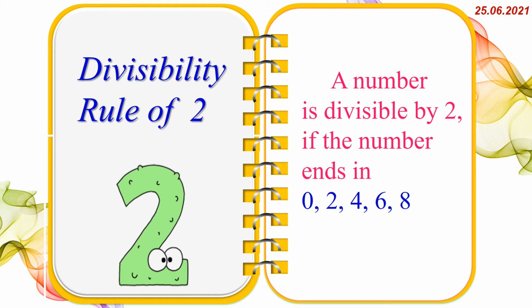See children, for a number to be divisible by 2, its ones place digit, that is the last digit, must be 0, 2, 4, 6 or 8. Then we can easily identify the given number is divisible by 2. Otherwise, the given number is not divisible by 2. Okay children?